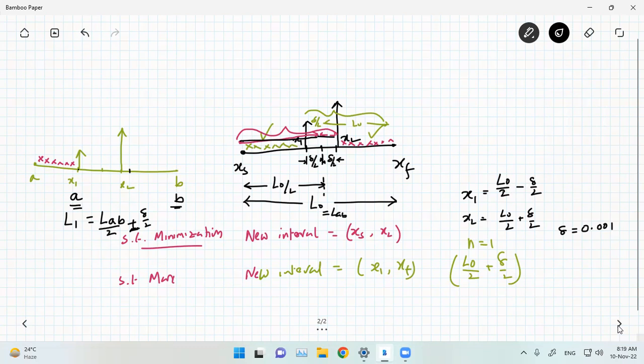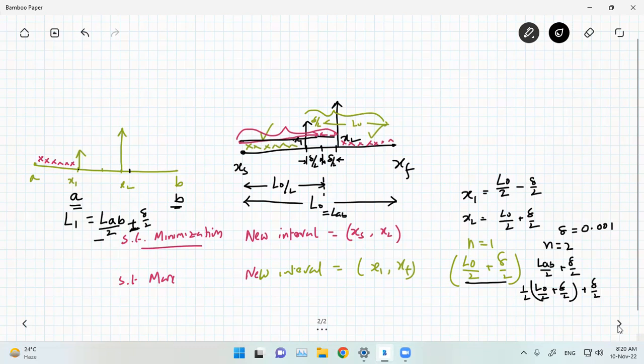Now, after the second iteration, n equal to 2, what we are going to get is LAB by 2 plus del by 2. As you can see, LAB is nothing but the previous one that we had, and that is L0 by 2 plus del by 2. We have to take half of it, and with that, we have to add del by 2.